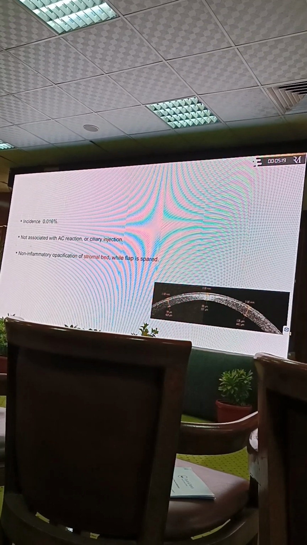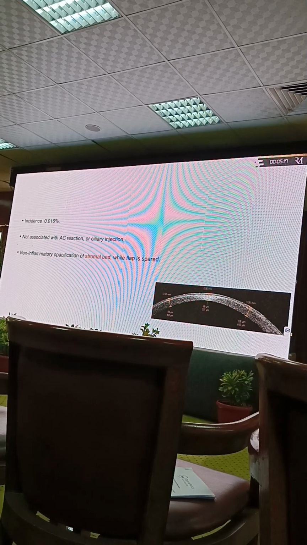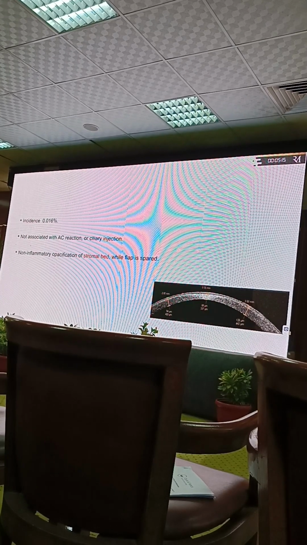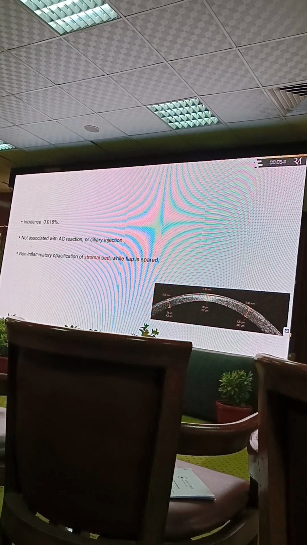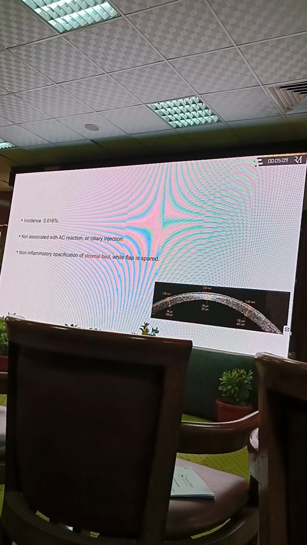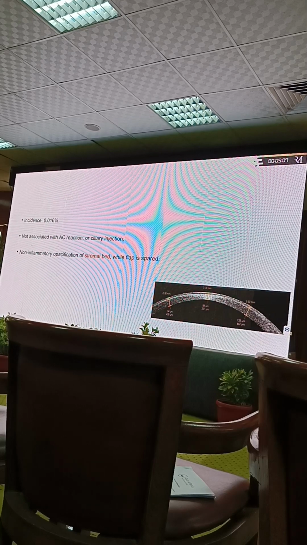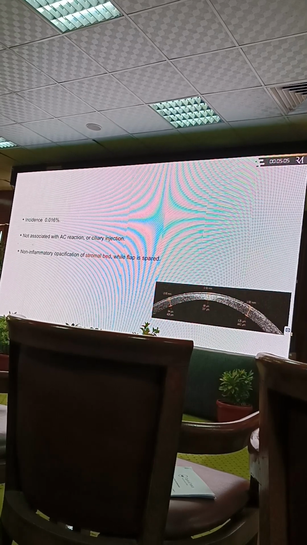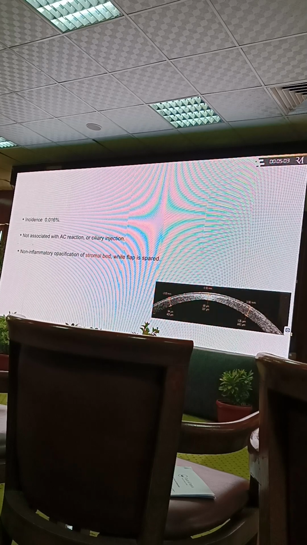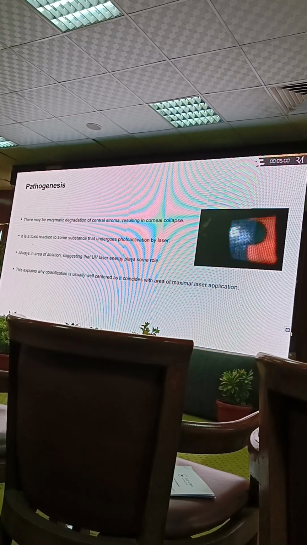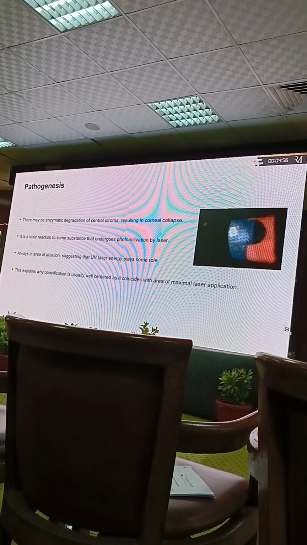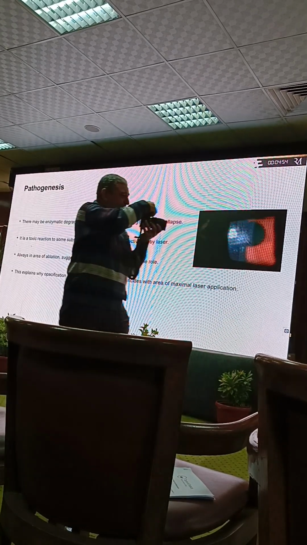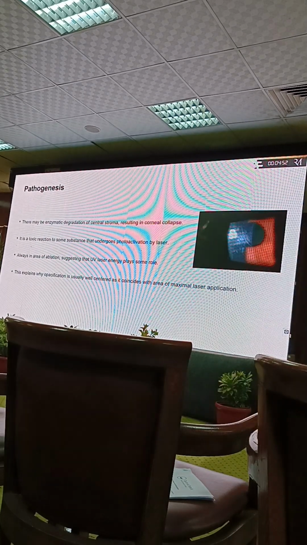This is the anterior segment OCT picture of the cornea in a case of central toxic keratopathy. As you can see, the flap is completely clear, and there is opacification and collapse of the stroma underneath. The pathogenesis is not well known up till now, but there may be an enzymatic degradation of the central stroma resulting in corneal collapse.